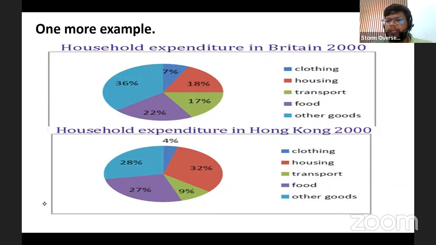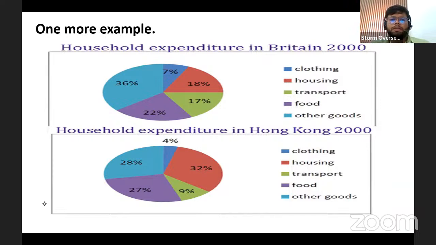If it is any pie chart, then we should go with the portion or segment which is more or less. And if the same data is given for different years, then we can also say that it has increased or it has decreased. Let's see.